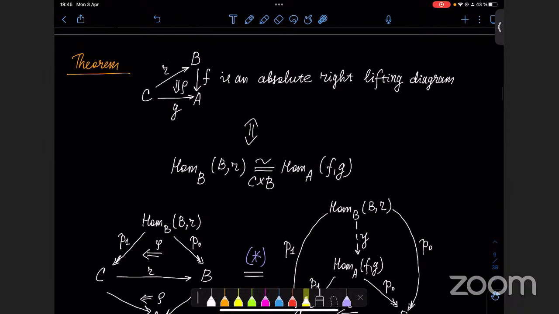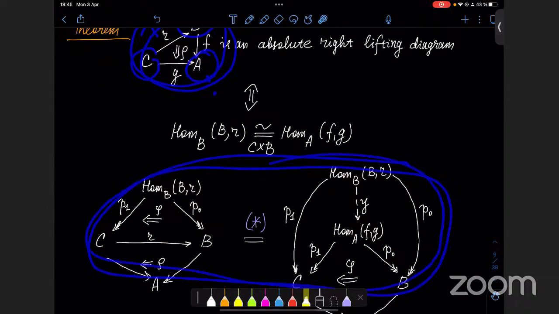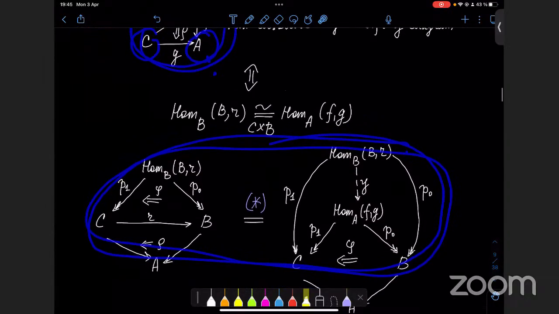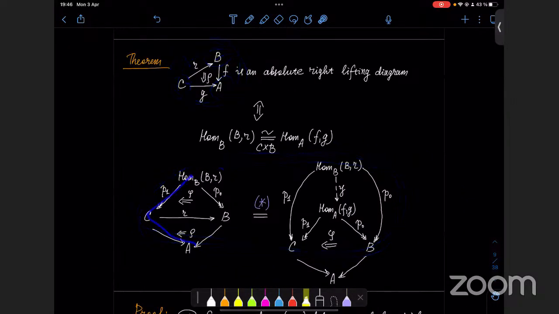If you have some square diagram between four objects, say X, C, B, and A, then you can factorize it through this canonical two-cell.